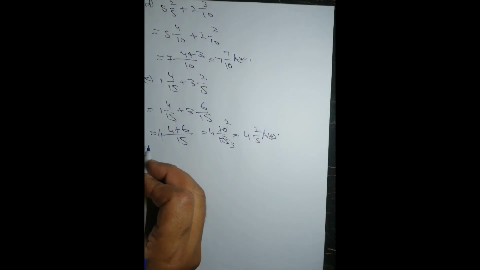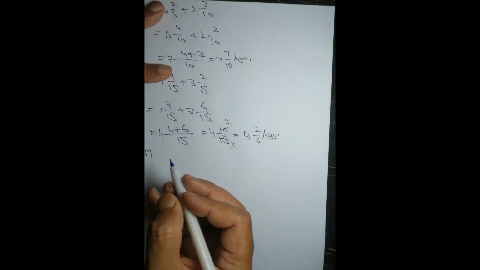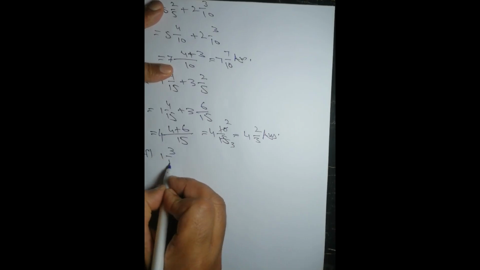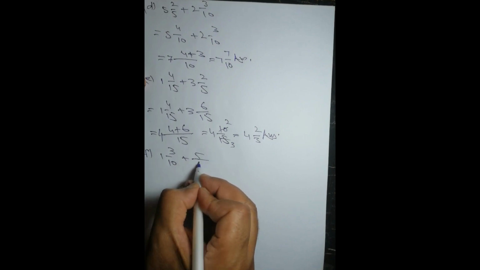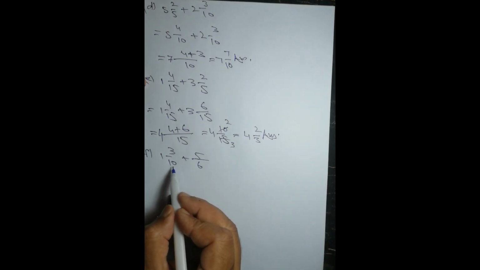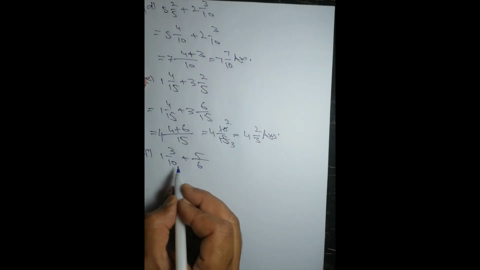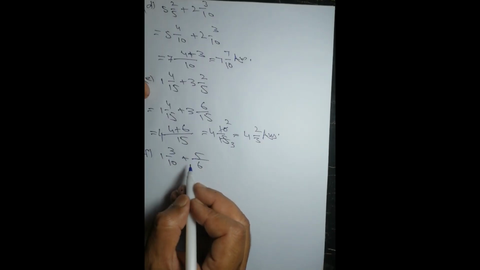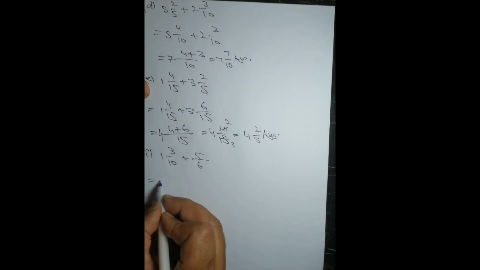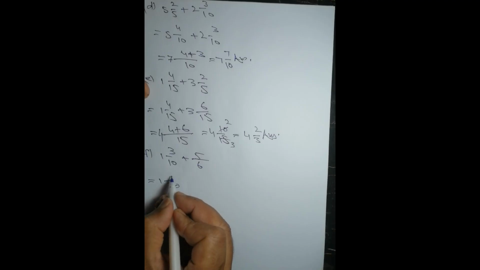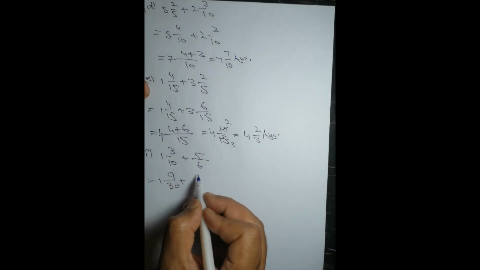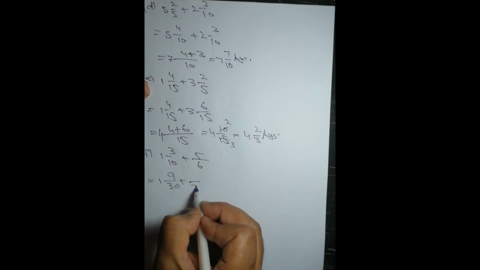So part F of question number 7, 1 whole 3 by 10 plus 5 by 6. Here we need to make the same denominator. So for this we have to multiply both the fractions: this should be multiplied by 3, 30, and this is 9, and this one by 5, 6 5s are 30, and 5 5s are 25.